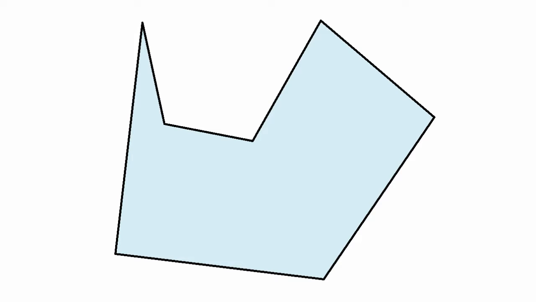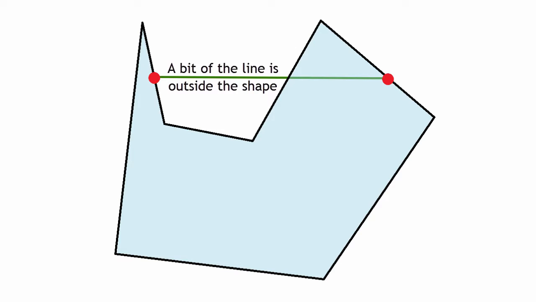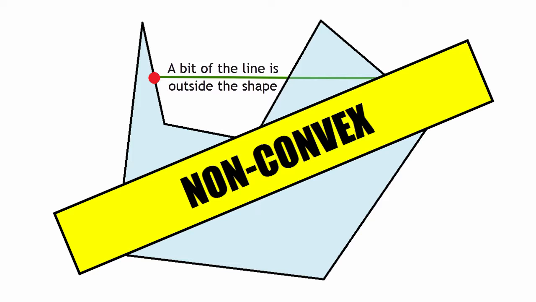And if I can say this for all pairs of points on the sides of this shape, then this shape will be convex. Alternatively, if I have a shape looking a bit like this, and I have 2 points here, and I try to connect these 2 points, you can see that this bit of the line actually leaves this shape. This means that this shape is non-convex.